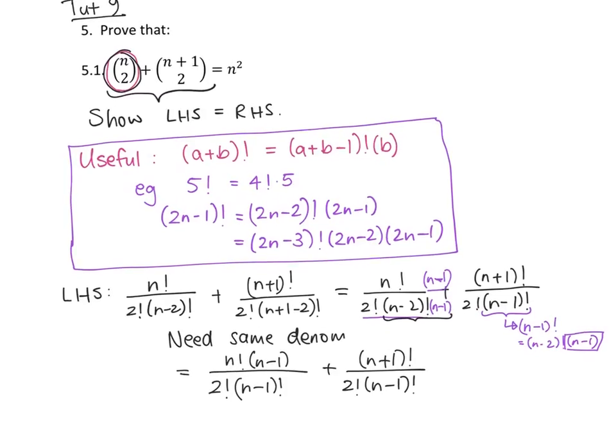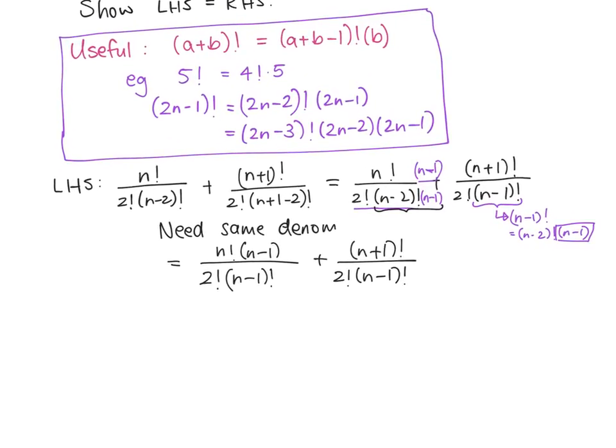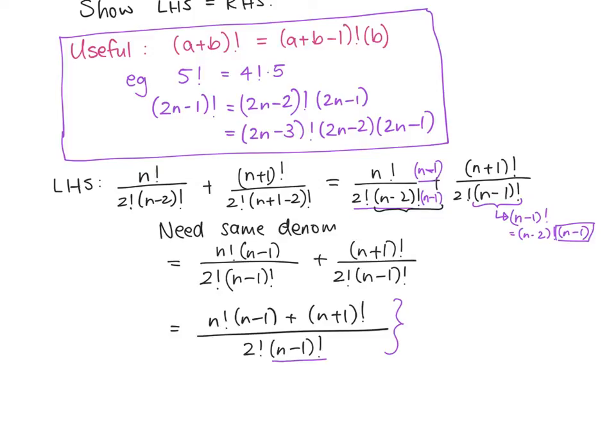So the next thing that I'm going to do is write these as a single fraction. So I've got n factorial times n minus 1 plus n plus 1 factorial over my common denominator, which is 2 factorial times n minus 1 factorial. Now in this kind of problem, we know that we want to end up with this whole thing being equal to n squared, so we know that we're going to have to somehow cancel our n minus 1 factorial. So it would be useful if we could rewrite each of the terms in the numerator to have an n minus 1 factorial.